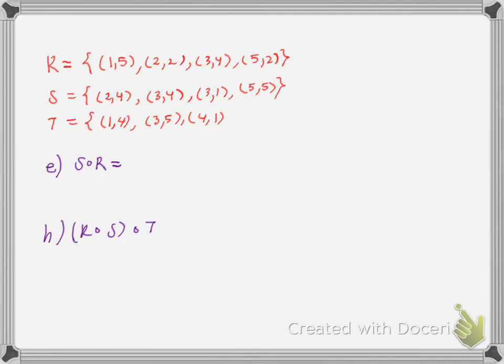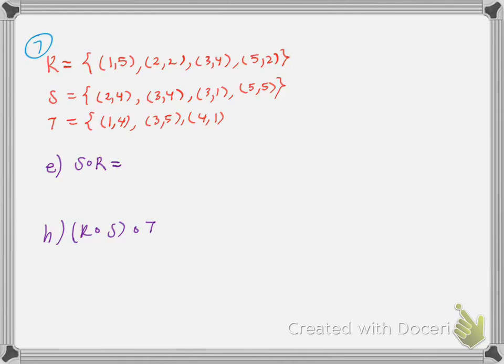Okay, ladies, so the next example is number 7, E and H. You're given these three relations, R, S, and T, and this is with composition. I'm doing these examples because I want to make sure you understand what the definition says.